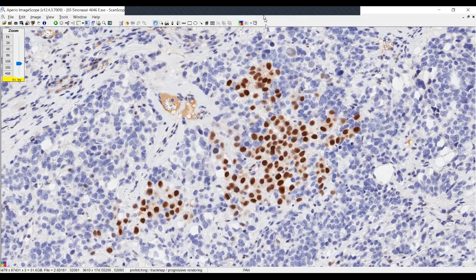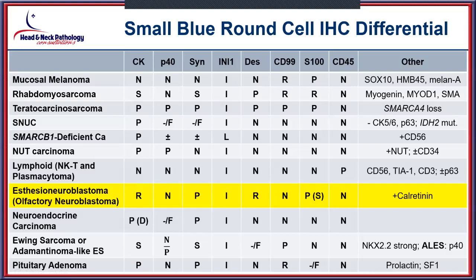So let me just do a new sharing and go back to our presentation for a moment and show you that when I have a small blue round cell differential, this is what I normally do. I will do a CK-Pan, P40, synaptophysin, INI1, desmin, CD99, S100, and CD45RB. That particular approach will allow me to manage all of the lesions that are within the small blue round cell differential, and you can see that I have highlighted them along the side.